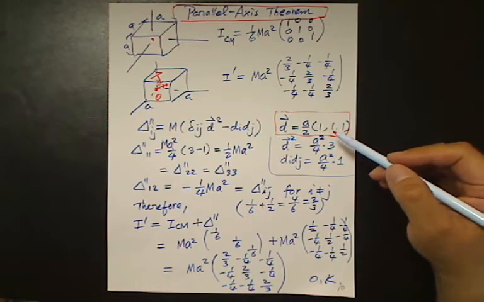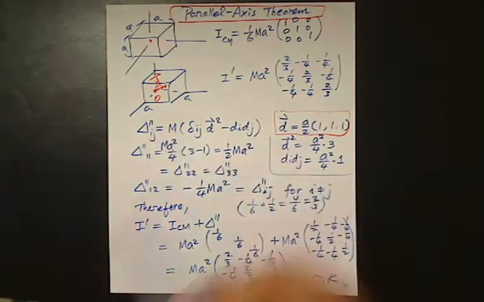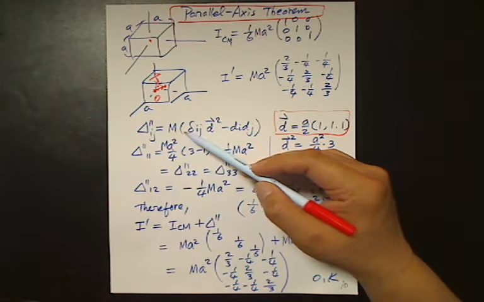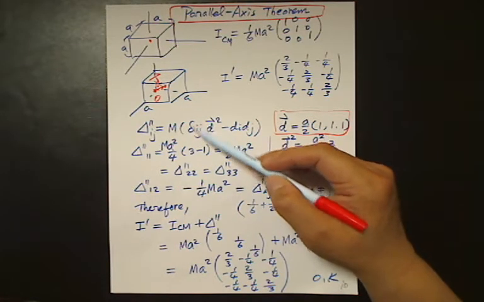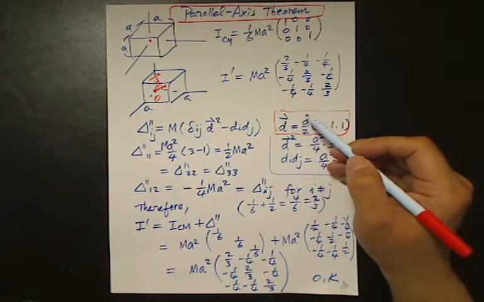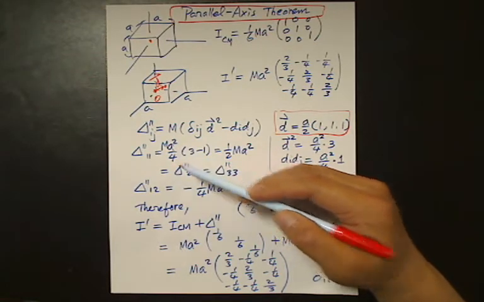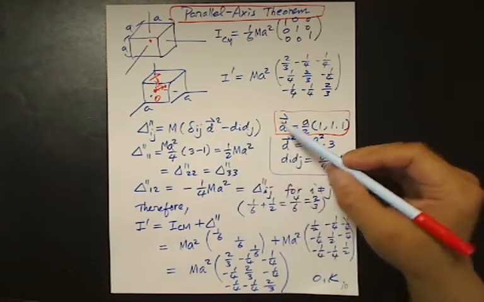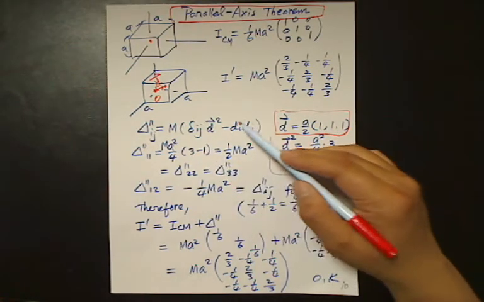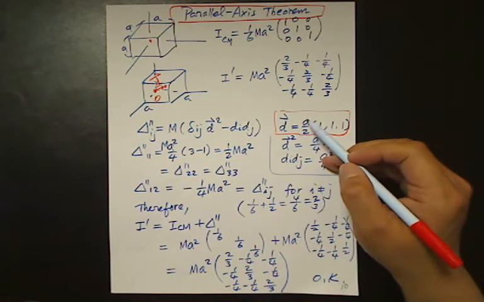Alright, so the 11 element of this constant tensor delta parallel can be computed. d squared is 1/2 a squared, that is a squared over 4. And we have 1 squared plus 1 squared plus 1 squared is 3, and minus 1. Okay, because we have factored this 1/2 a out.